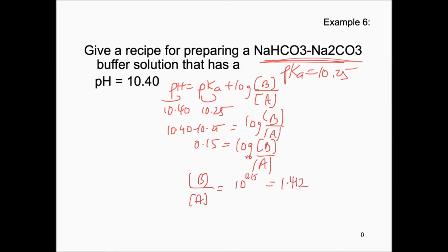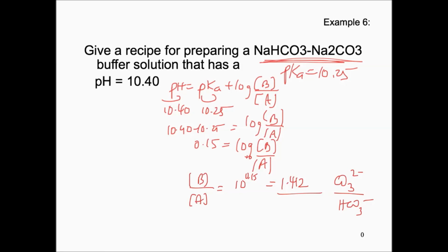So if you can keep the ratio of the bicarbonate and the carbonate, or rather the other way around, carbonate to the bicarbonate, if that ratio can be maintained to 1.412, you would use that to prepare this buffer.